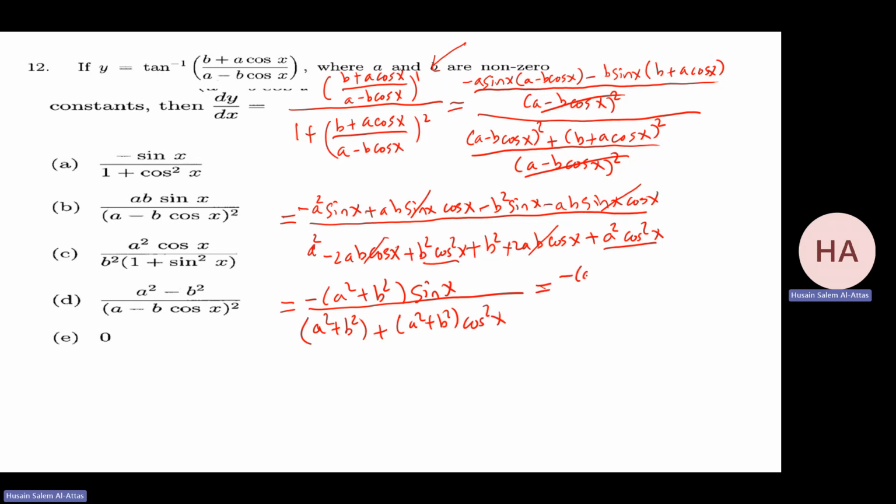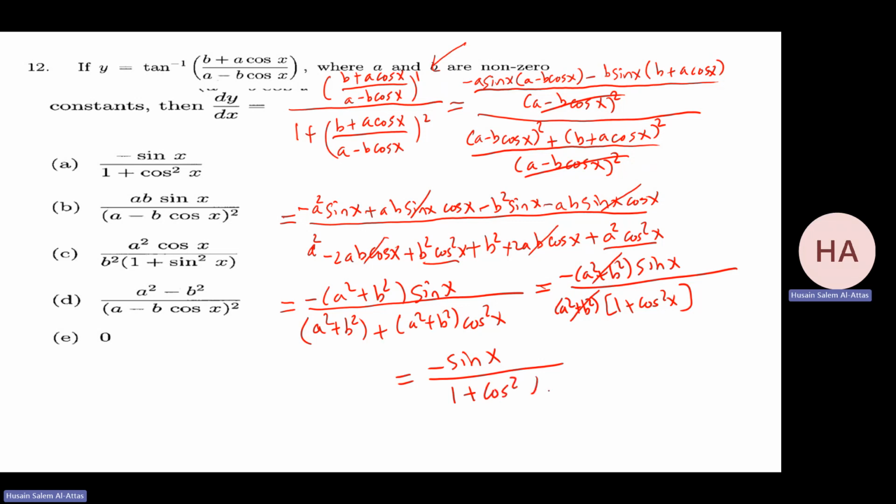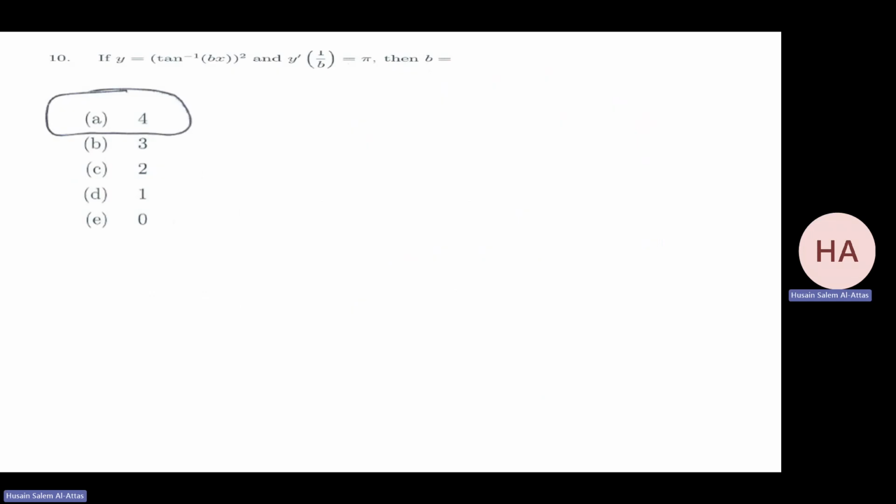I can take a square plus b square as a common factor in the denominator. What's the remaining? 1 plus cosine square x. This is cancelled, which is minus sine x over 1 plus cosine square x, which is this one. Not that difficult, just calculations.